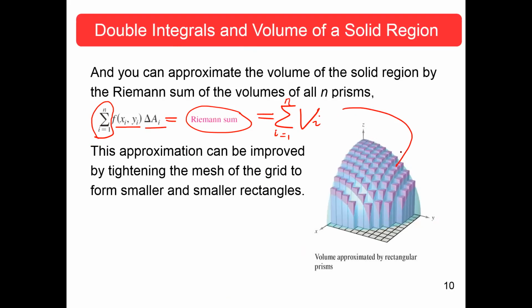Which you can tell from this graph here. You just go ahead and construct the corresponding prism for all those rectangles you have on the region R. Then for each one you can find a small prism like this, and its volume will be the area of the base times the height. So I just add them up. That's going to be the Riemann sum.